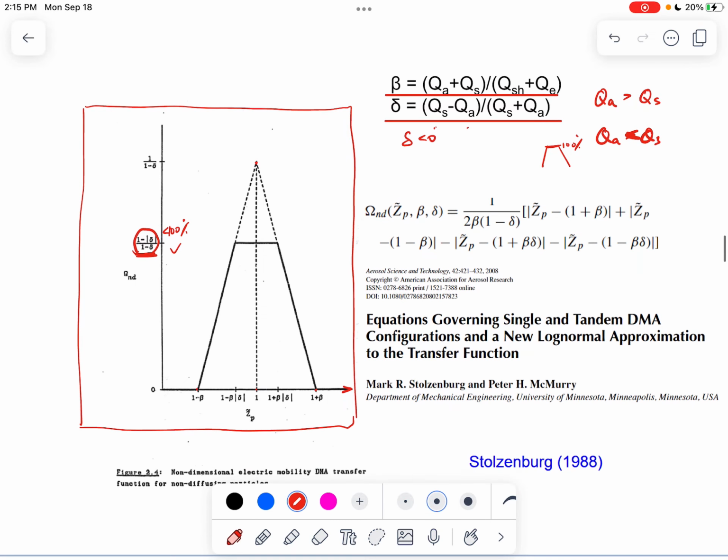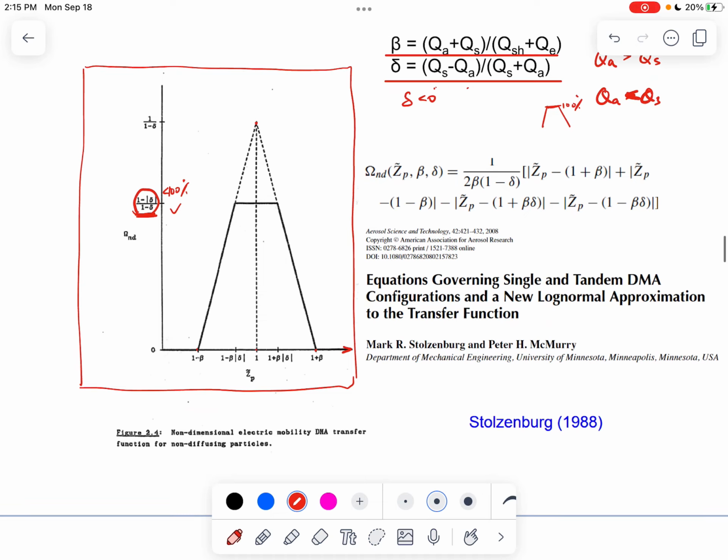So then basically even for this radically complex transfer function, there is a numerical way to represent the shape of the transfer function that can be expressed in this way. Okay. So basically, it's going to be a combination of different absolute values, depending on the relative magnitude of the beta and delta values. Right. So if you want to see this derivation, you can follow this Mark Stolzenburg and Peter McMurry paper.